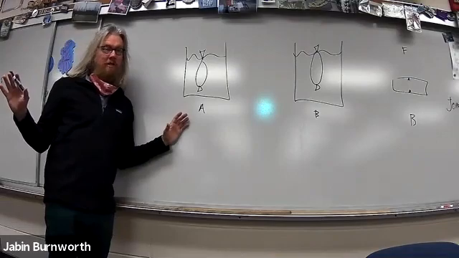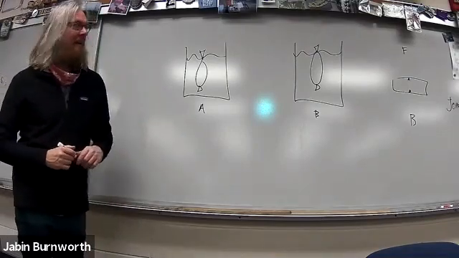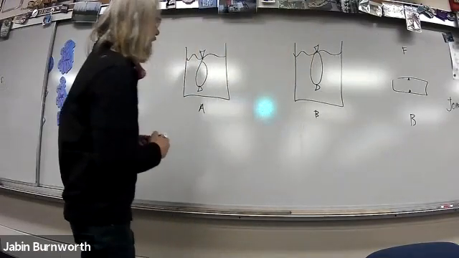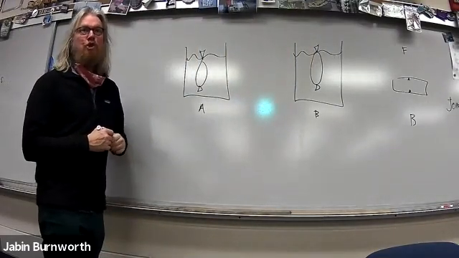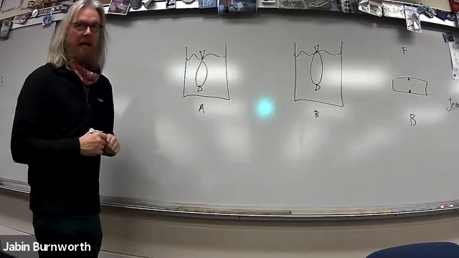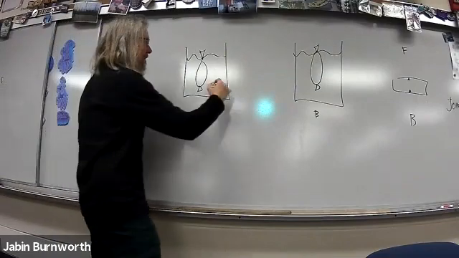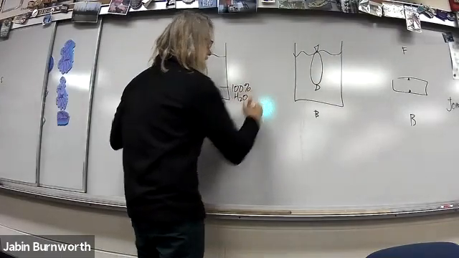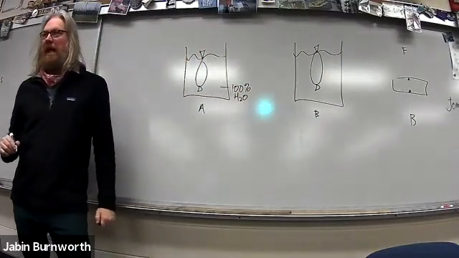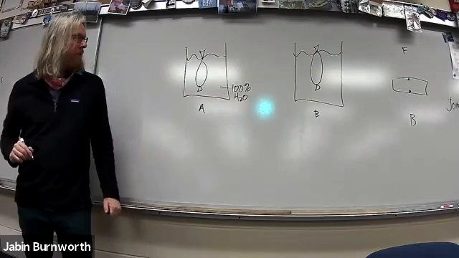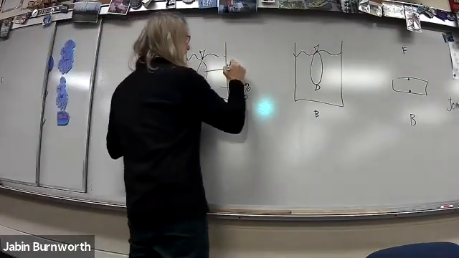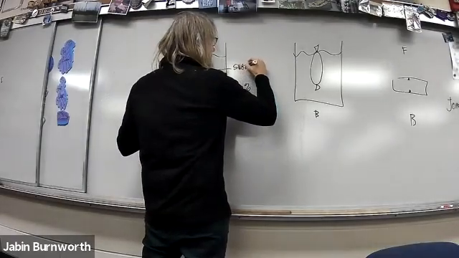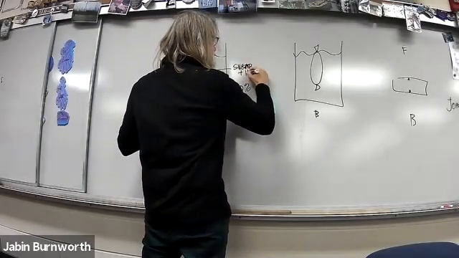Any questions? All right. Now, if you are on the A side, that's near the front of the room, you are going to fill your beaker with 100% H2O. What's H2O? Water. Inside the bag, you are going to put your sugar and H2O.